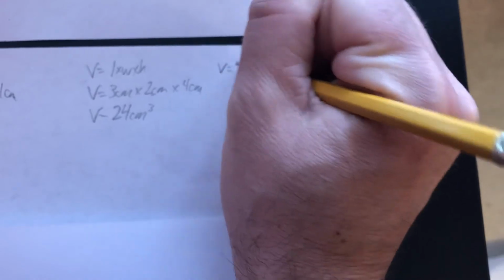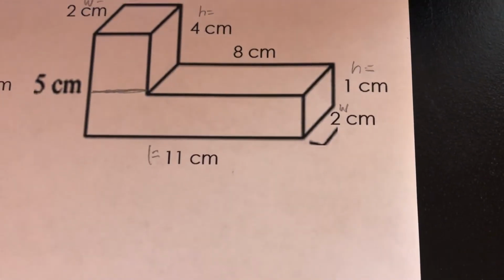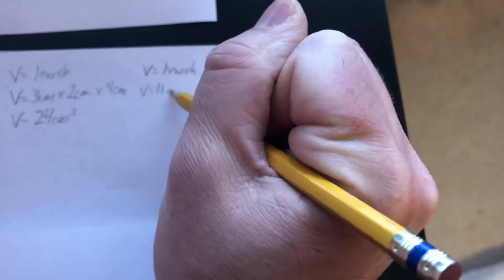All right, so now let's look at that larger one on the bottom there. So 11 centimeters by 2 centimeters by 1 centimeter. So 11 times 2 equals 22, times 1 equals 22 cubic centimeters.